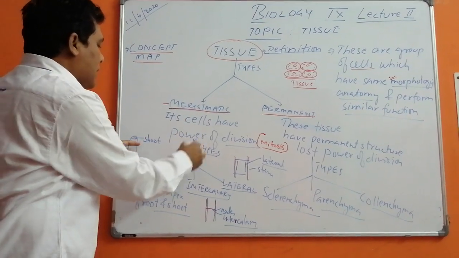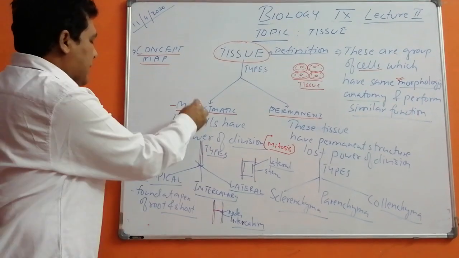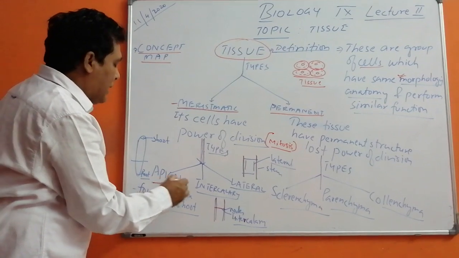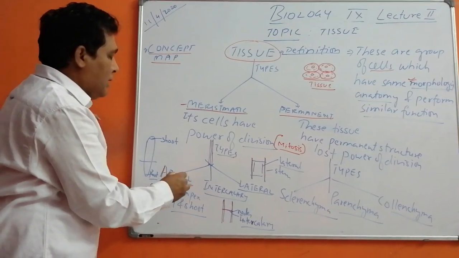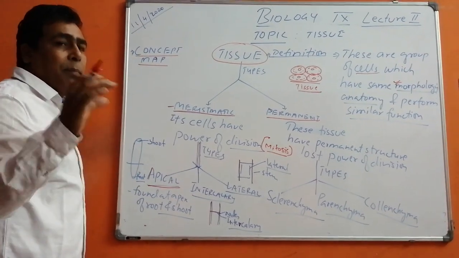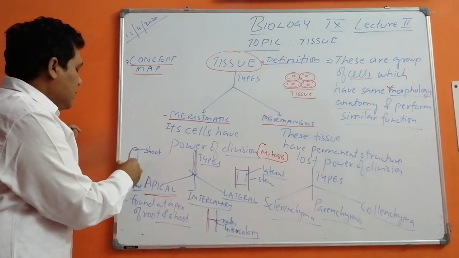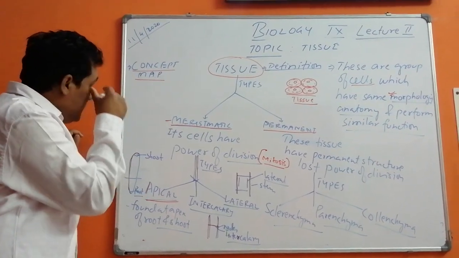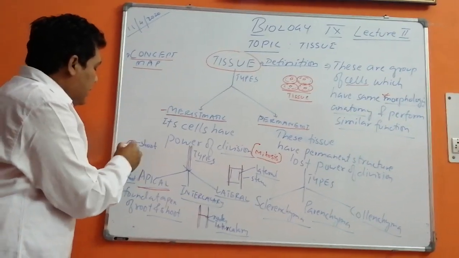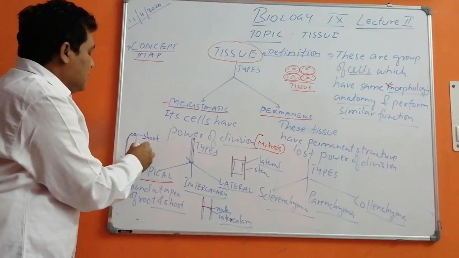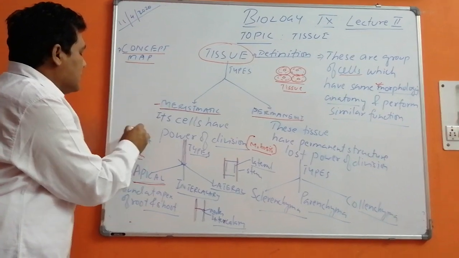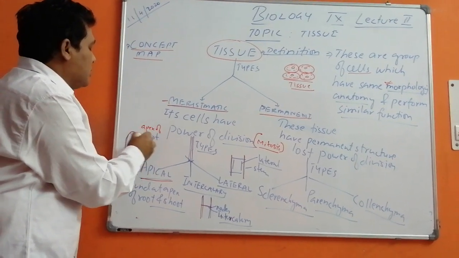When we talk about the types of the meristematic tissue, we are talking about the apical meristem. Apical means the apex part or the uppermost part of the plants. Here this is a stem and this is the apex of the shoot.